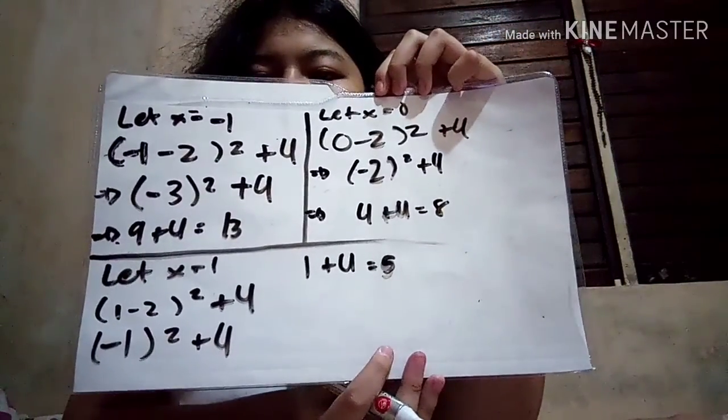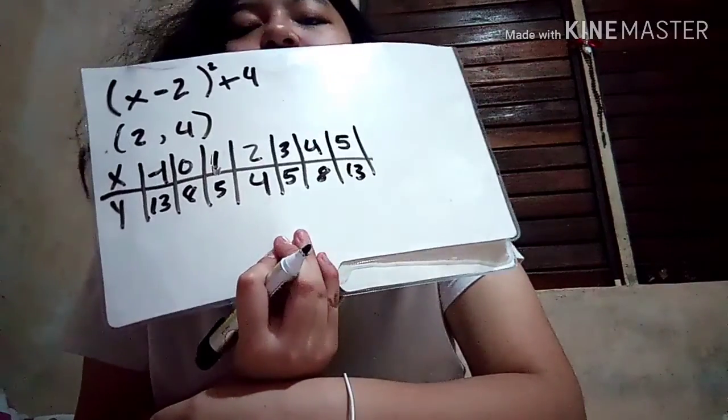Negative 1 times negative 1 is just 1 plus 4, gonna give us 5. So because of that, negative 1, 13, 0, it's going to be 8, and then 1, it's going to be 5. Then copy 5, 8, 13. Alright guys, so take a picture of this, graph it, and then we're done.